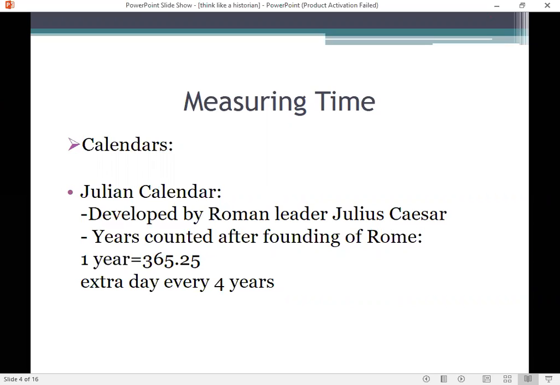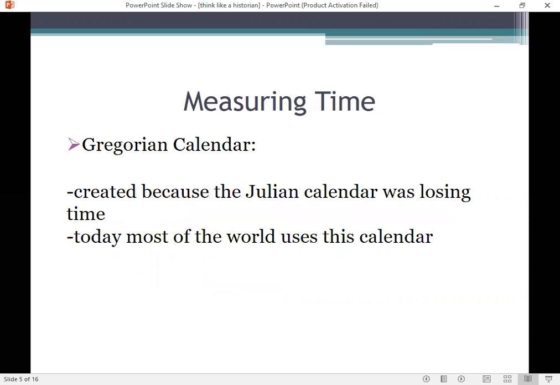When we talk about calendars, we have 2 types of calendars. The Julian calendar, which was created by Julius Caesar, and the second one is the Gregorian calendar, which was created by Pope Gregory. Okay, the name is not written, you have to write it down because you will be held accountable for it.